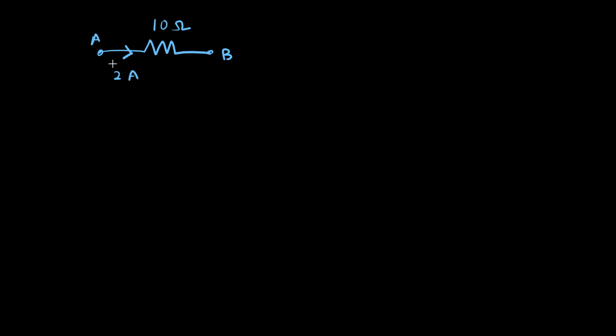So current of 2 amperes flows through the resistance. So what would be the voltage across it? So by Ohm's law, voltage is equal to current times resistance. The voltage would be equal to I, which is 2 amperes, times the resistance, which is 10 ohms. So how much do we get? We get 20 volts, right?